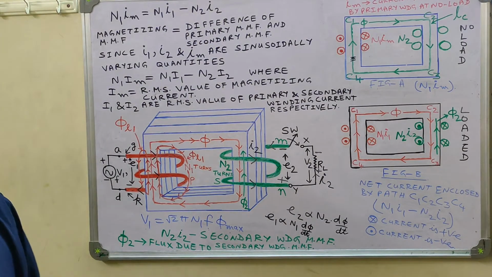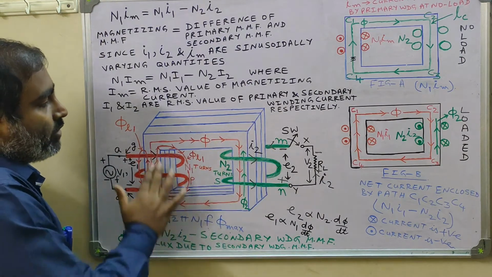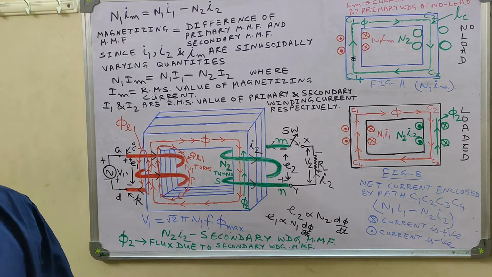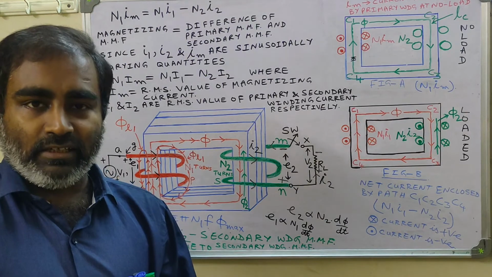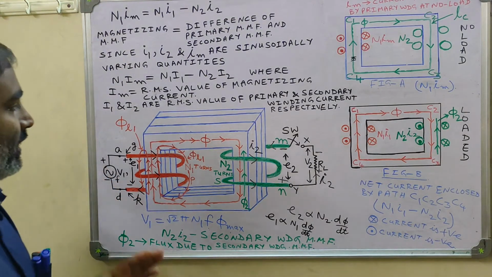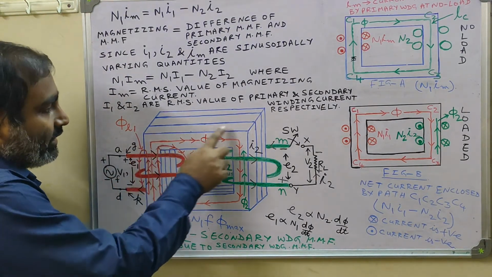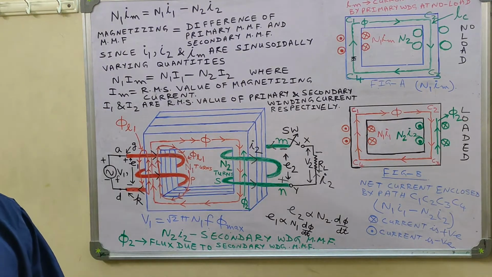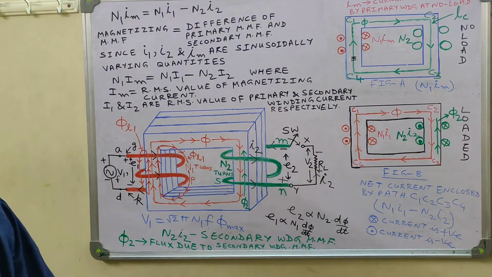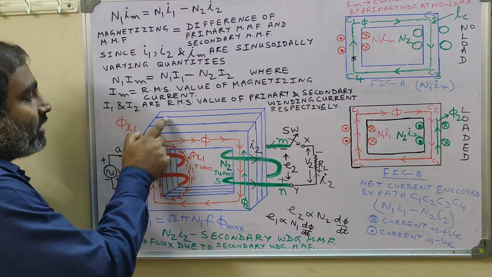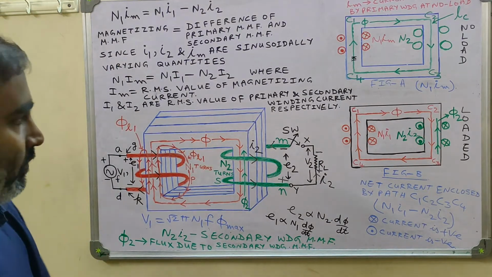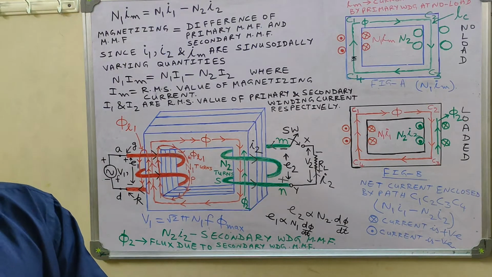The fourth assumption was that the magnetic core of the transformer is never going to get saturated. That means the value of the relative permeability mu r for the magnetic material from which the magnetic core of the transformer has been built up is always going to be a constant.